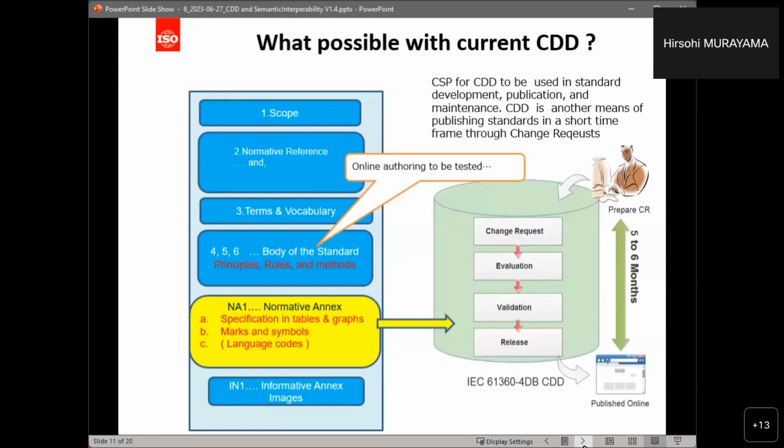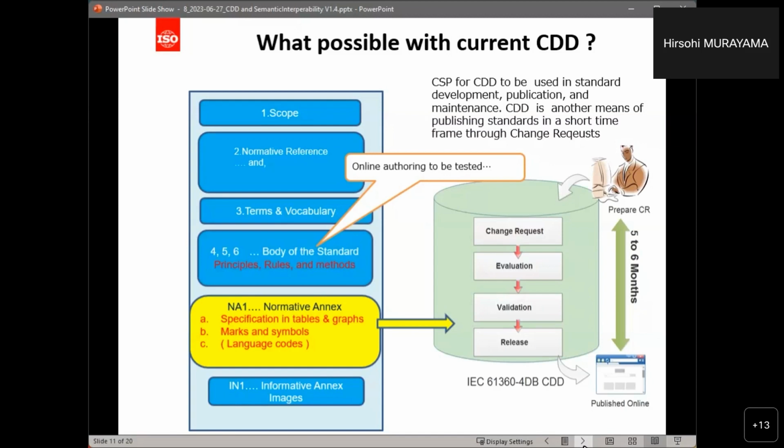Okay, just to explain. In the case of normal paper-based or e-paper-based standards, you start with the scope, etc., and the rules and principles, etc. Then the actual definitions start, and the definitions of items follow the same pattern, and that can be put into tables. And if you can put it into tables, you can put it into the CDD.